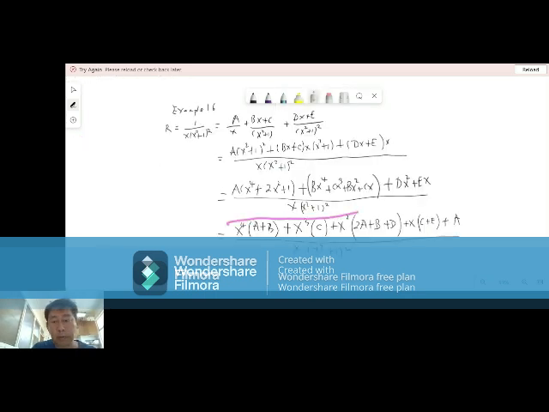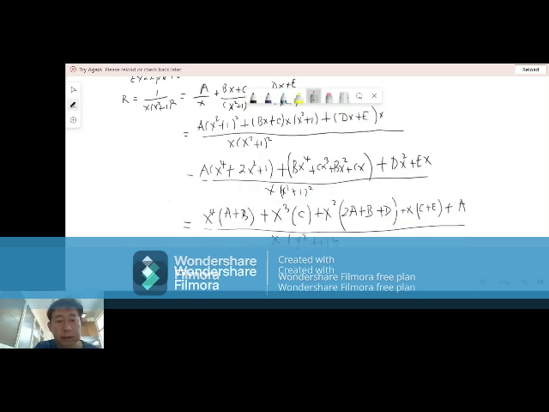So now we can identify the numerator function with the numerator value of 1 in the rational function R. Specifically, the coefficient of x to the power 4, a plus b, should be equal to 0 because there is no term of x to the power 4 in the numerator of the function R. We can write a plus b is identified to be 0.